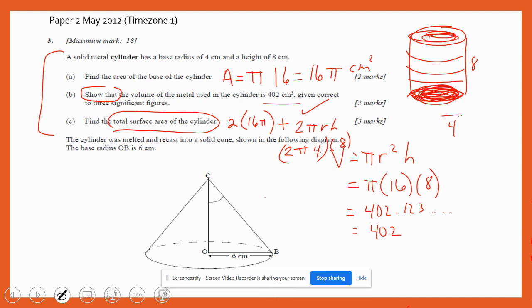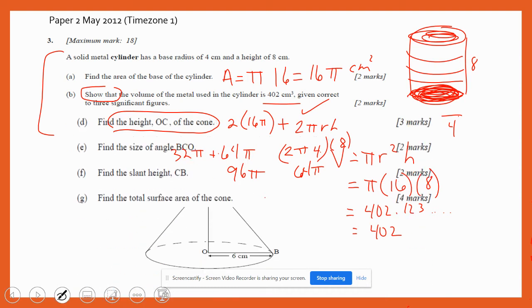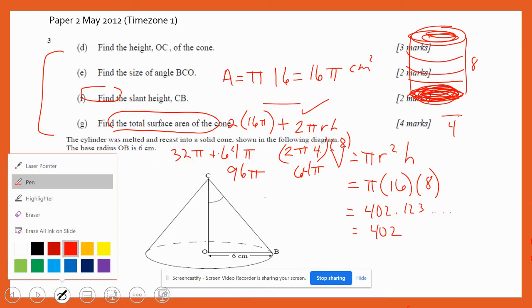So that's 64 pi. If I were adding those together, it'd be 32 pi plus 64 pi, so 96 pi. You can leave it like that or do 3 sig figs. So it kind of builds from simple to complex. I'll clear this off.